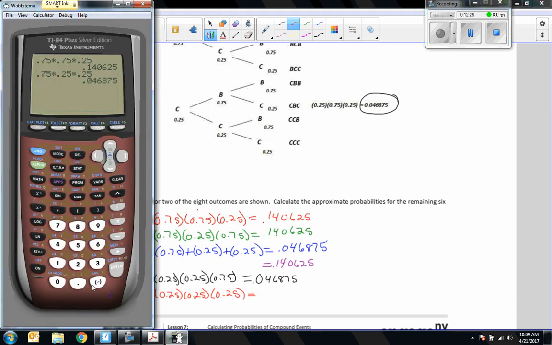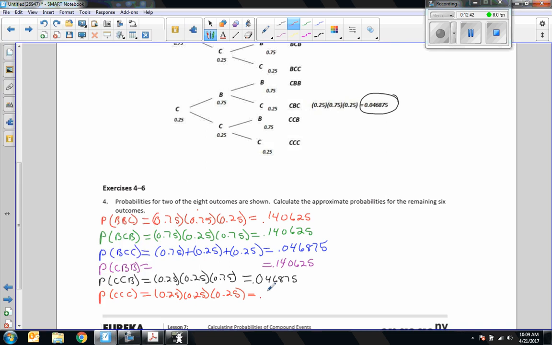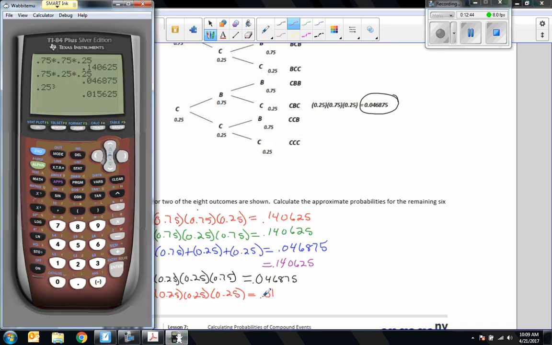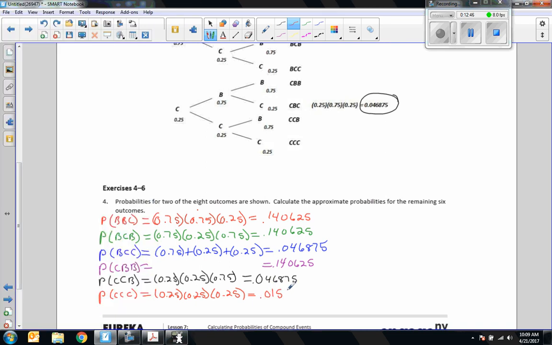So I'm going to go to my calculator, and repetitive multiplication is exponential, so I'm going to just do 0.25 to the power of 3. 0.25 cubed is the same as 0.25 times 0.25 times 0.25, which is 0.015625. 1.5% chance of playing cards every night.